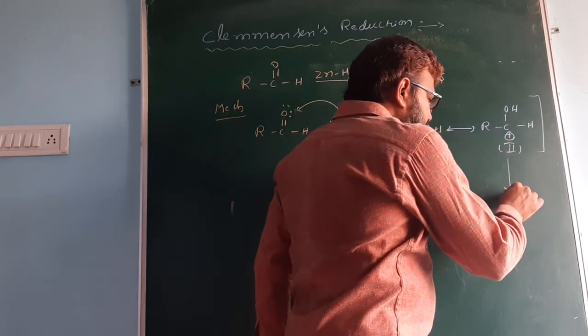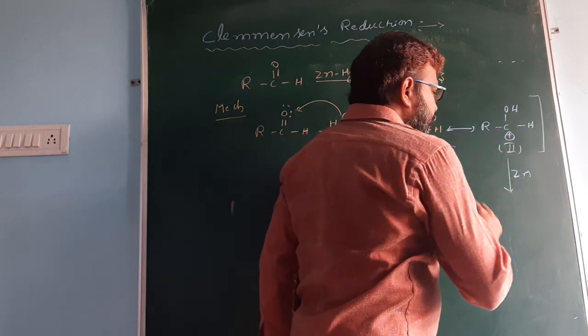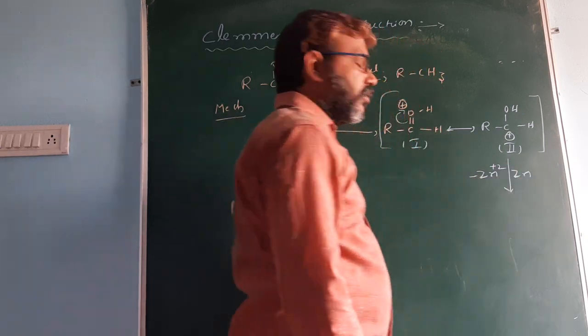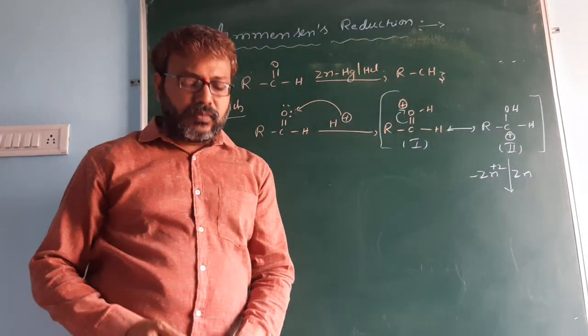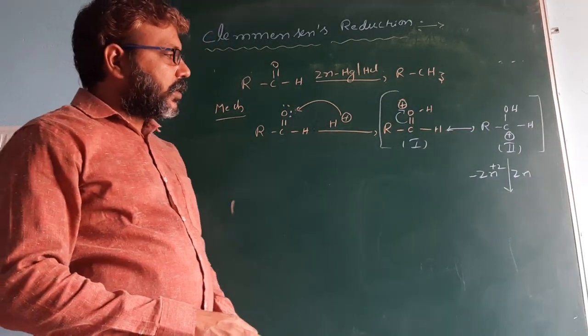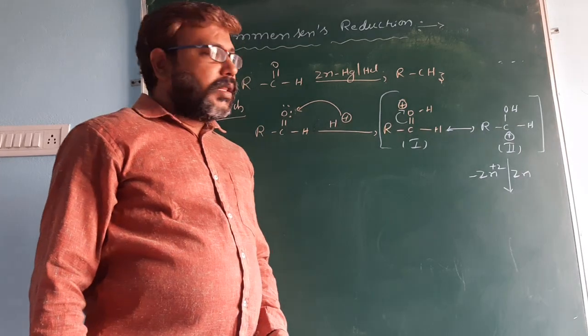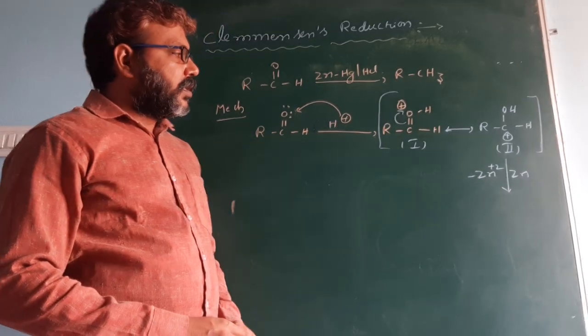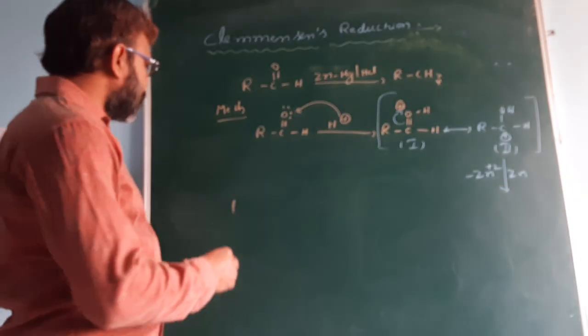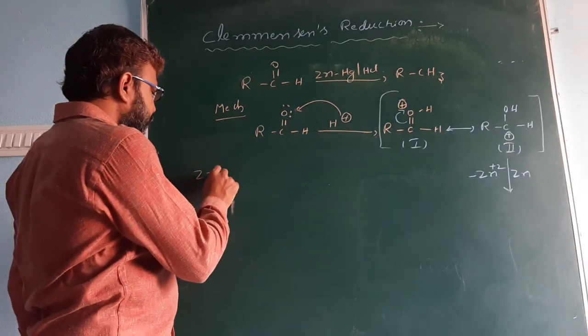Now the reaction takes place in presence of zinc. Zinc can donate 2 electrons. It is converted into Zn plus 2. When zinc donates the 2 electrons, it is converted into Zn plus 2. This configuration is called pseudo inert gas configuration. Already you know zinc atomic number is 30.